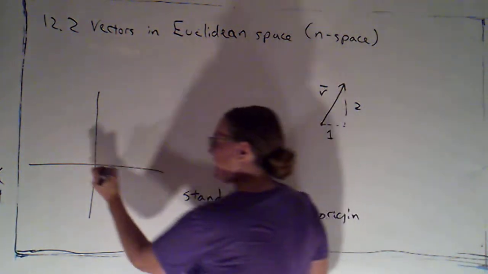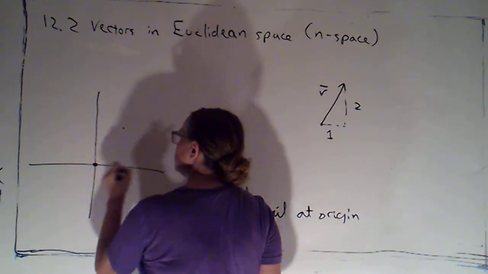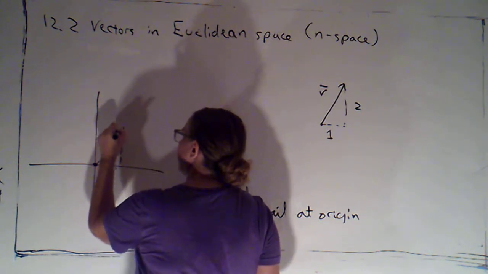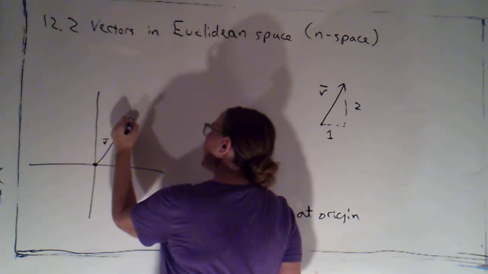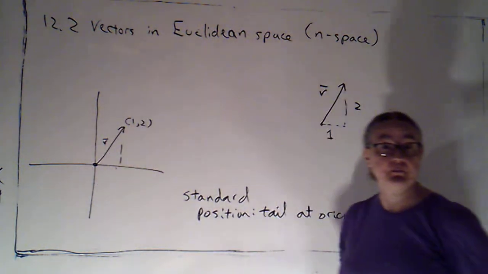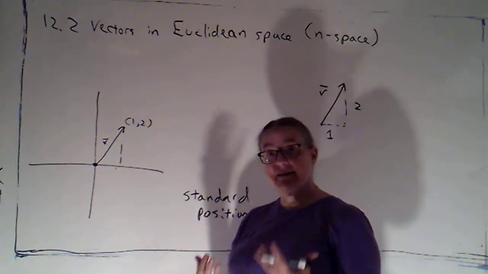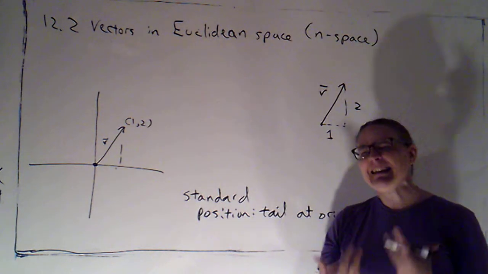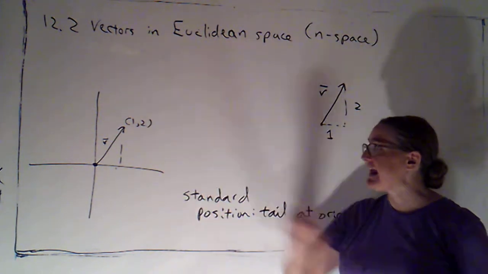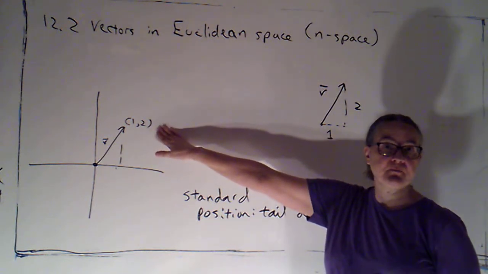So if I put the tail here, and I follow those directions, so I go 1 over and 2 up, notice that would put the tip then at the point (1, 2). I can say that v here is the position vector for this point, because when I draw v in standard position with its tail at the origin, it points to the point (1, 2).